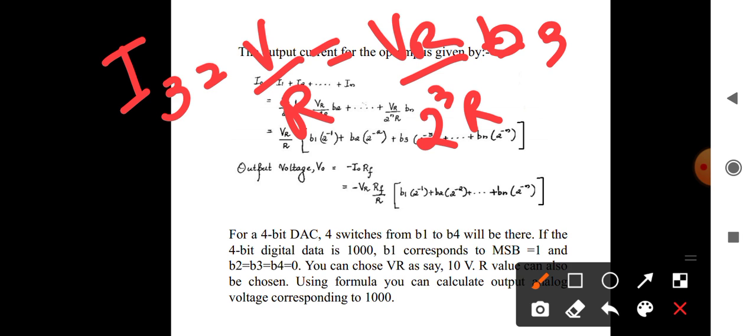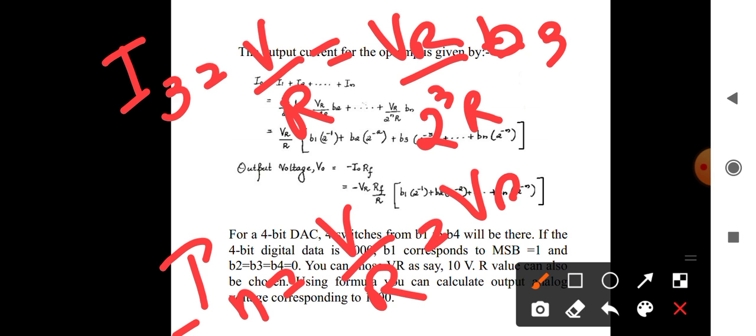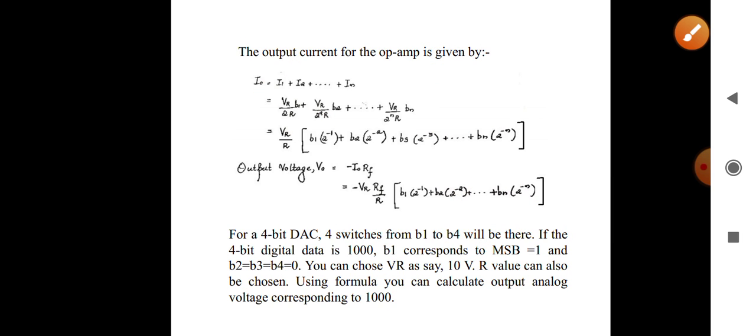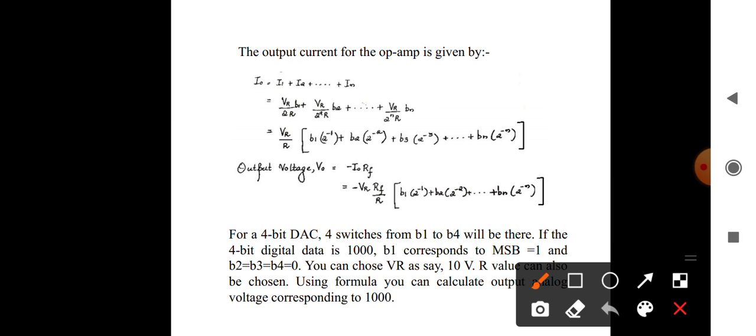B3 corresponds to the bit 3. So similarly, we can have for In equal to VR by 2 raised to n into R into Bn. So we can write it like this. That expression is written like this.